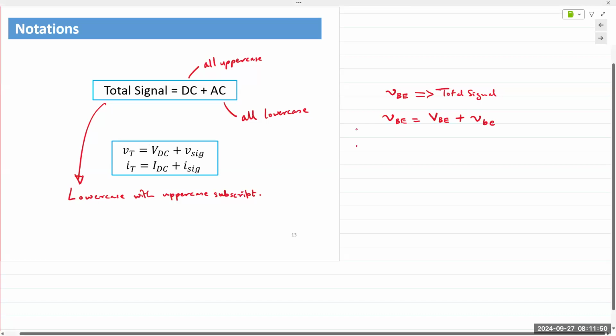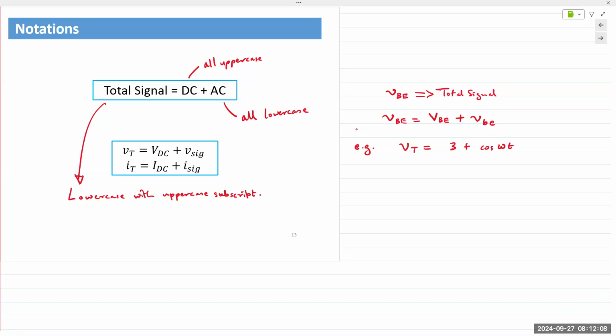As an example, we would represent, let's say, a total signal as 3 plus cos omega t. Any component in a signal that has a variable, meaning it's a function of time, where the value of that quantity changes as a function of time, means it's AC.